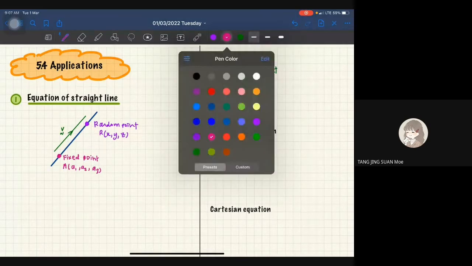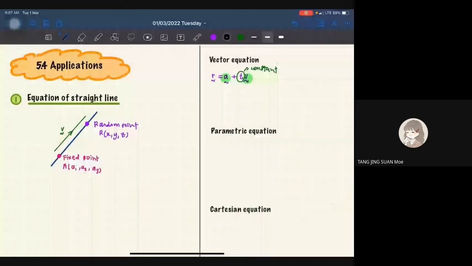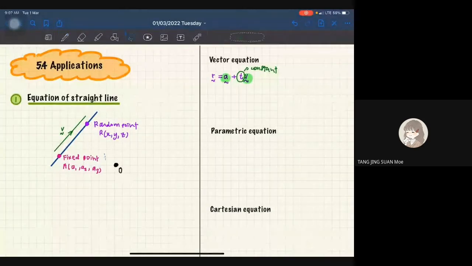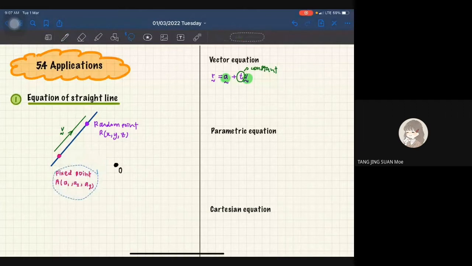Okay, so this is a point kita panggil sebagai origin kita. This is our origin. Okay, so awak boleh cari vector A by finding this one.